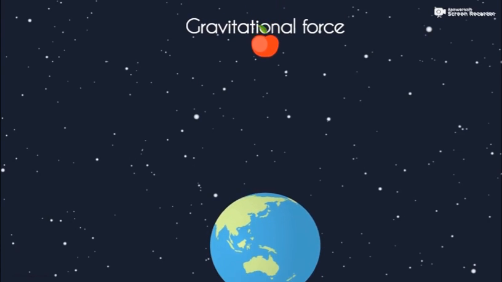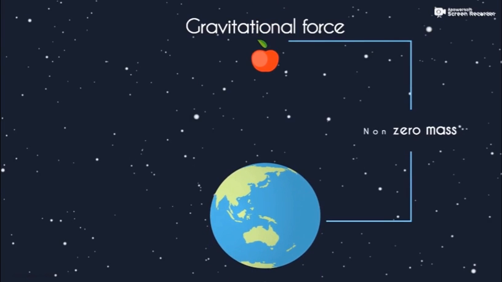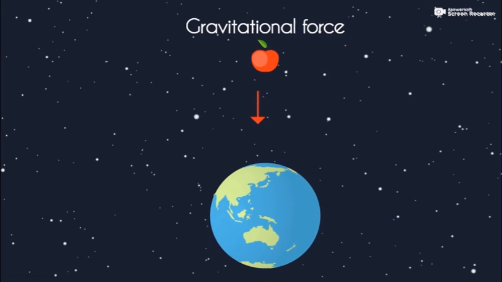Students, we know that the gravitational force is the attraction force between any two objects with non-zero mass separated by a distance. So, does the apple fall towards the earth, or does the earth move towards the apple, or do both move towards each other?